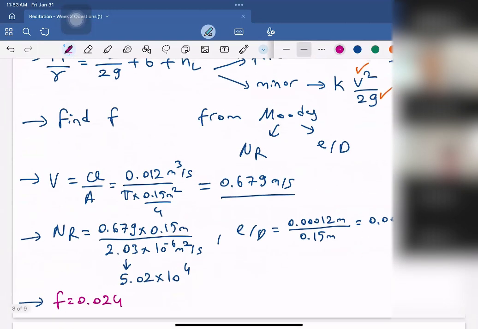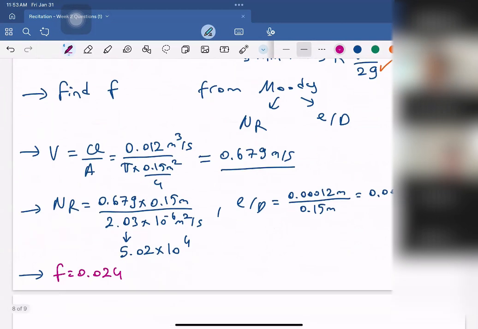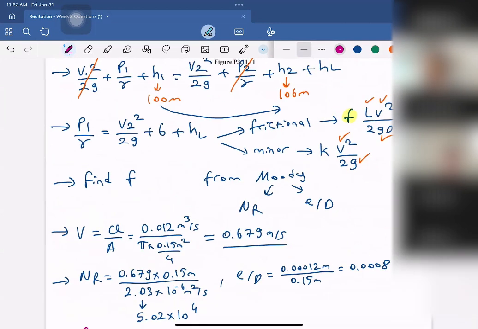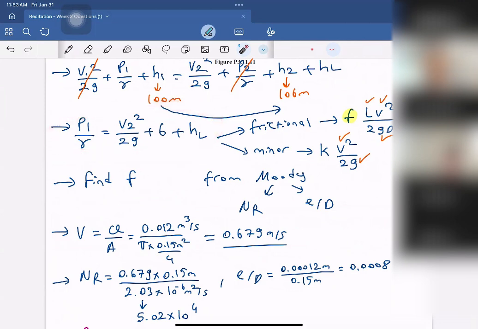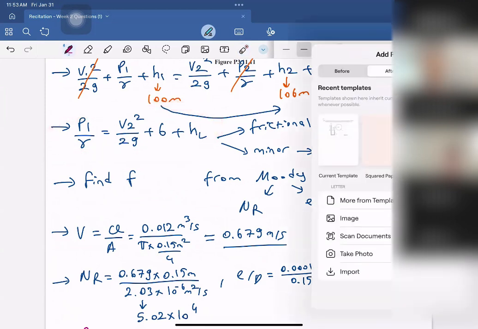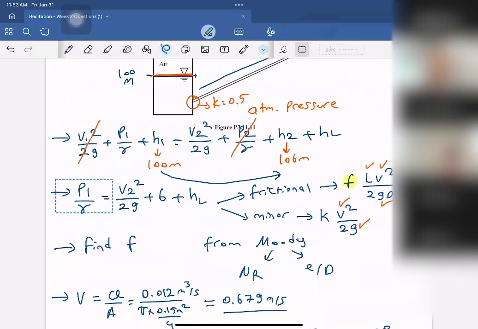And from that, we can calculate the head losses. So we just need to use this equation actually. So let me open another page and copy this equation.